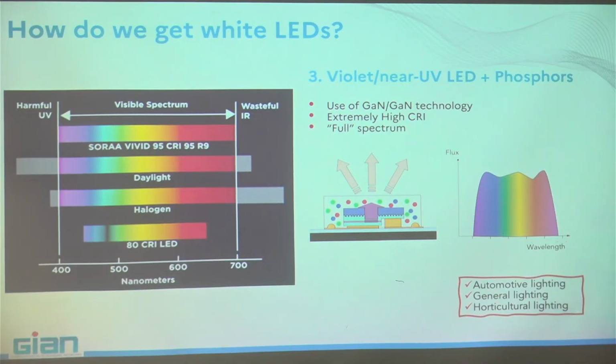It can be used for automotive, for general lighting, or even for agricultural lighting. And here we can achieve CRIs as high as 95, when normal LEDs can go up to 80, 85.